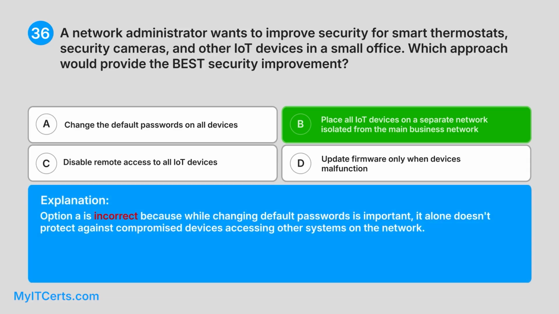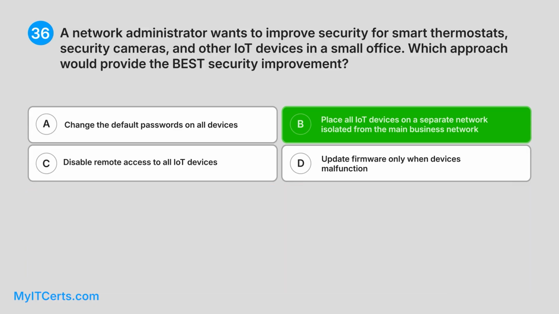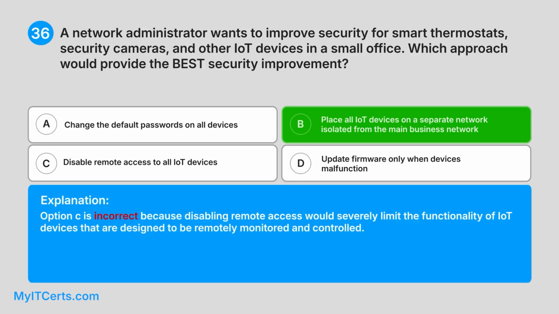Option A, change the default passwords on all devices, is incorrect because while changing default passwords is important, it alone doesn't protect against compromised devices accessing other systems on the network. Option C, disable remote access to all IoT devices, is incorrect because disabling remote access would severely limit the functionality of IoT devices that are designed to be remotely monitored and controlled.